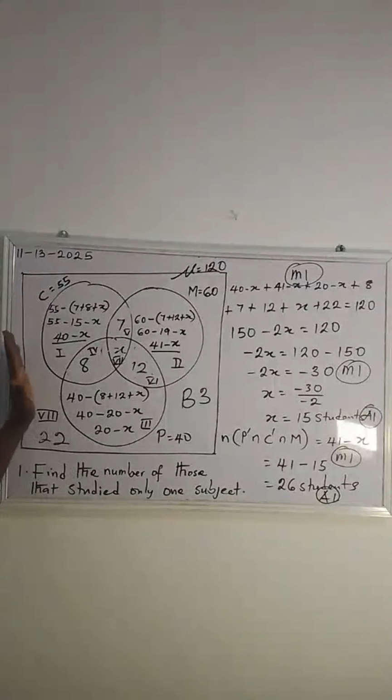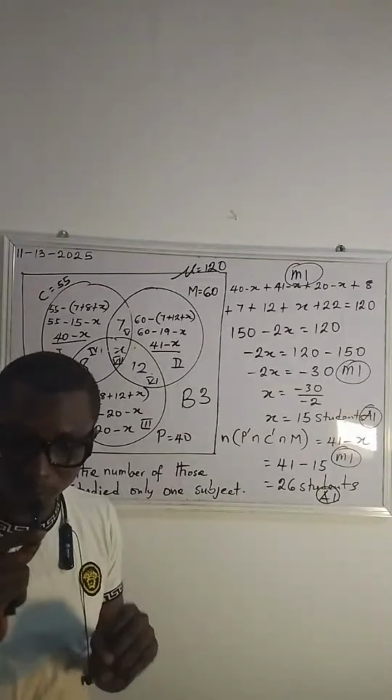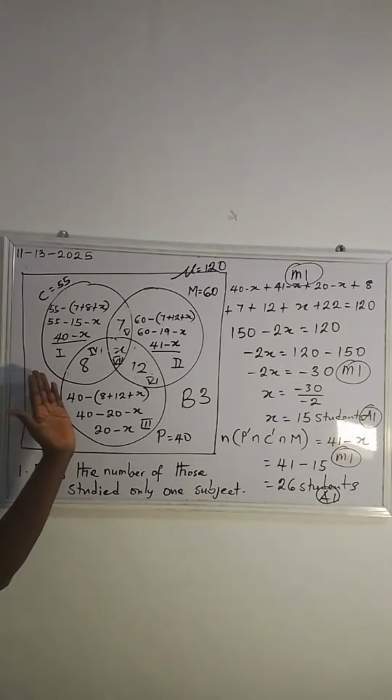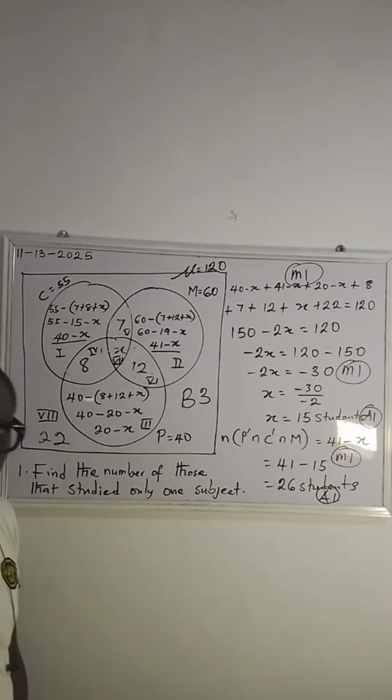So you are making use of this Venn diagram. So you find the number of those that study only one subject. Now let me wait for your answer. So do it and drop your answer in the comment section. I want to see your results. The number of those that study only one subject from your Venn diagram. Okay, now let's make an attempt.